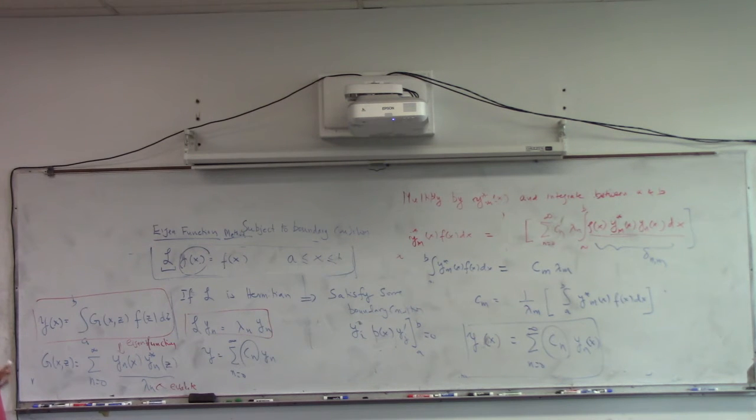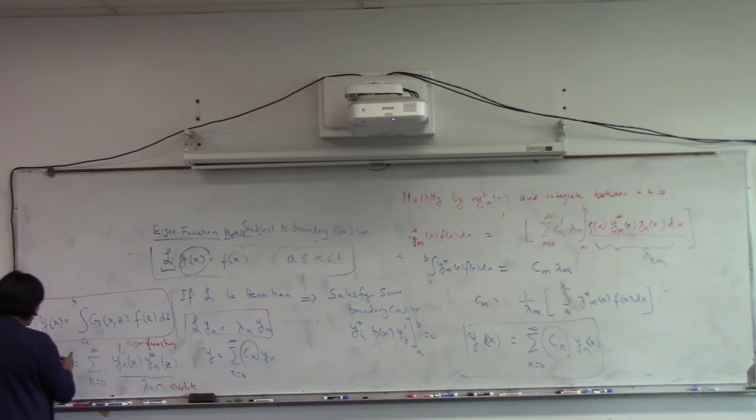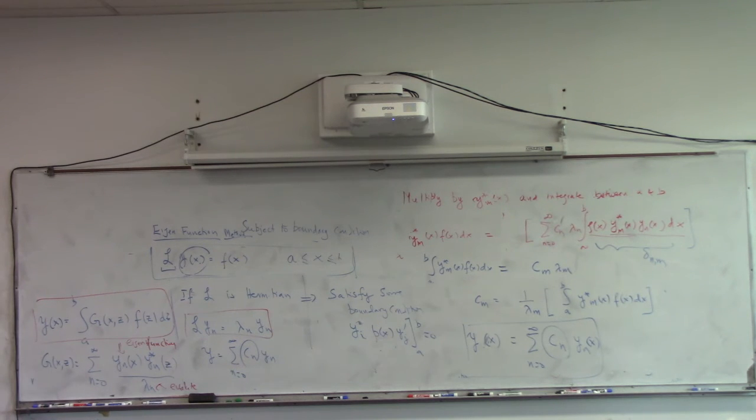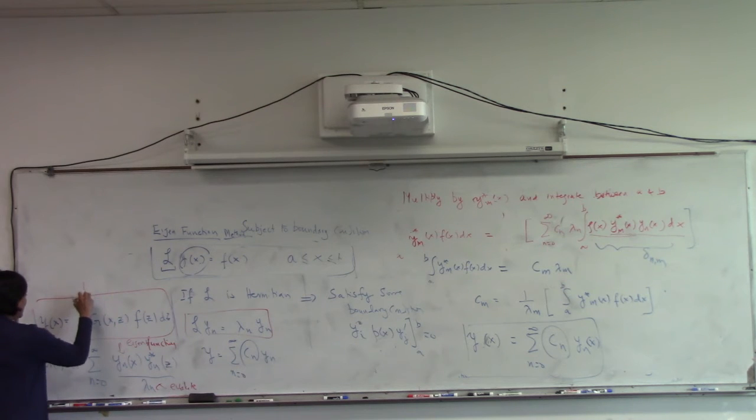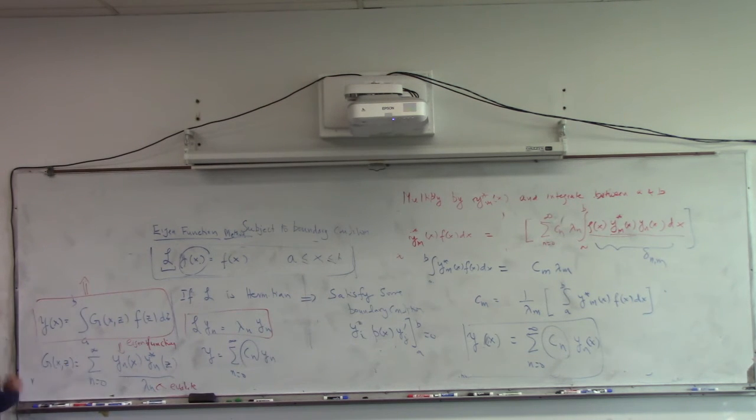Next time we are going to use a property of the Green's function, that is basically the boundary condition of the Green's function will apply, and then we solve the problem. So for that, the starting point is something else. I just want you to understand what that is. If I operate L on y(x), what do I get?